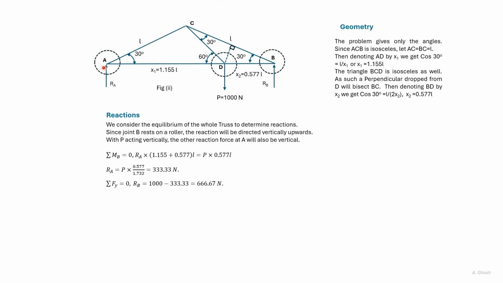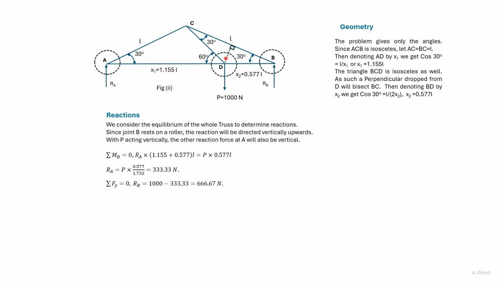For each joint, we have two equations as earlier discussed. At A, we do not know the forces acting due to AC and AD, so we have two unknowns as well. So we will be able to solve for the two unknowns.